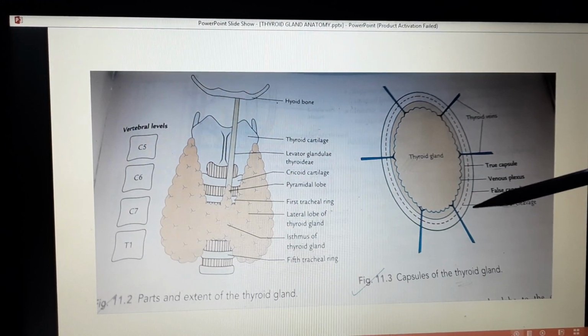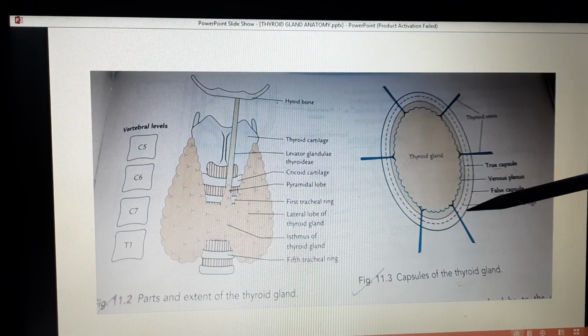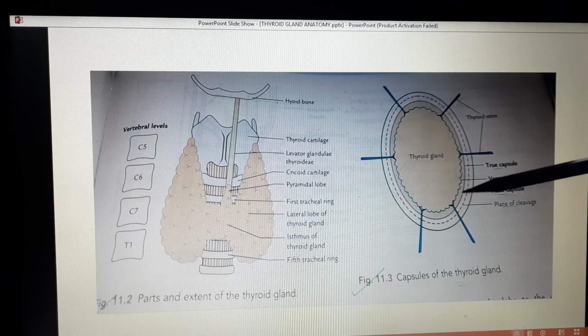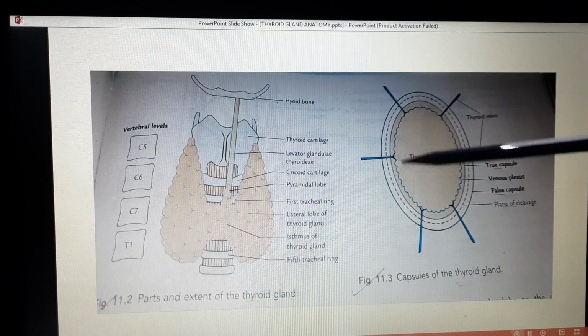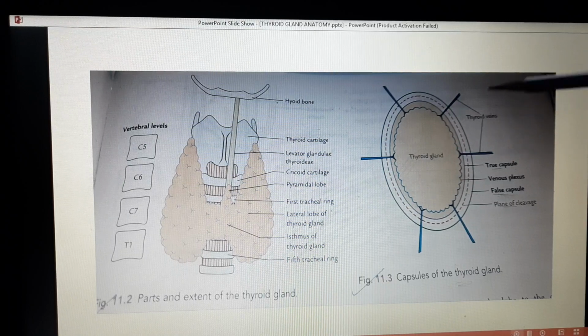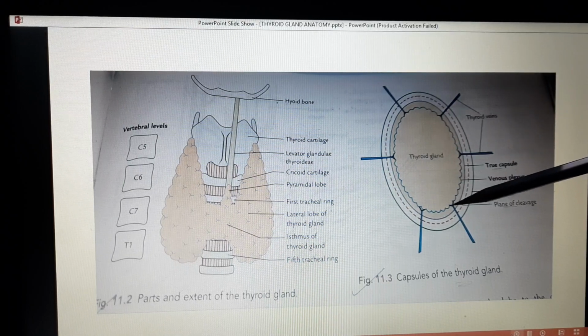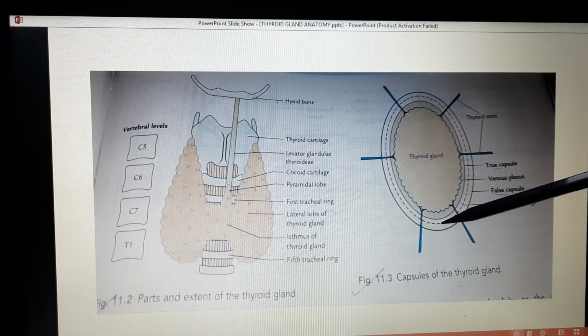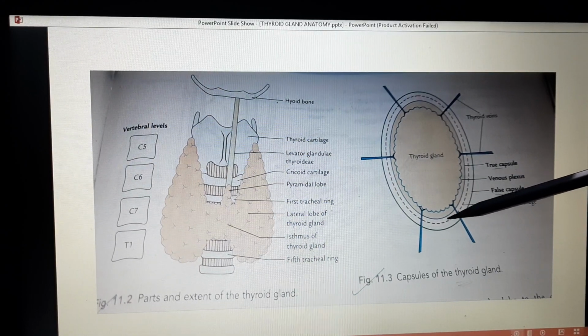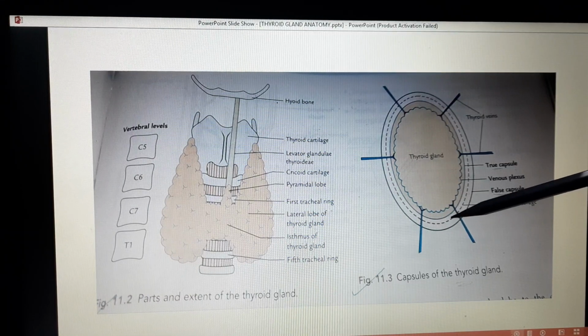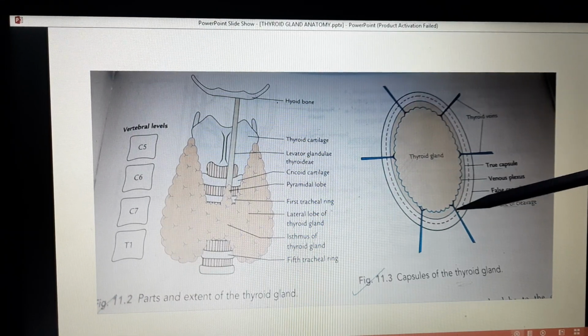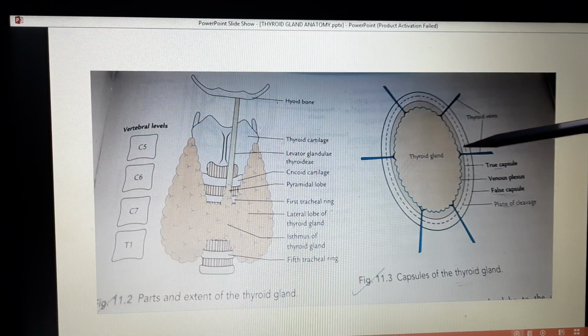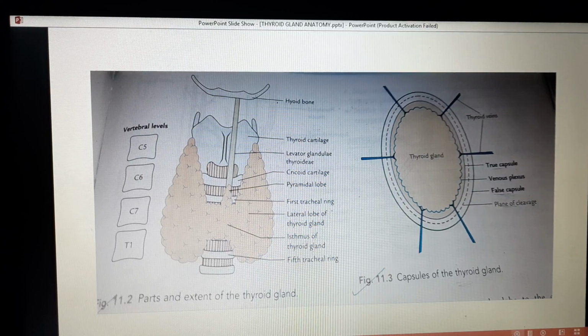So, what you are seeing here is the false capsule, meaning pretracheal fascia, and this is the true capsule of the thyroid gland. And beneath the true capsule, there is a venous plexus. So, to avoid hemorrhage, the thyroid gland is usually removed with its true capsule. So this is the plane of cleavage to avoid bleeding.